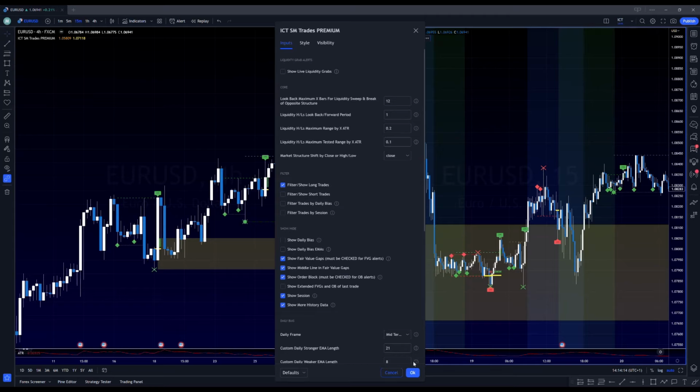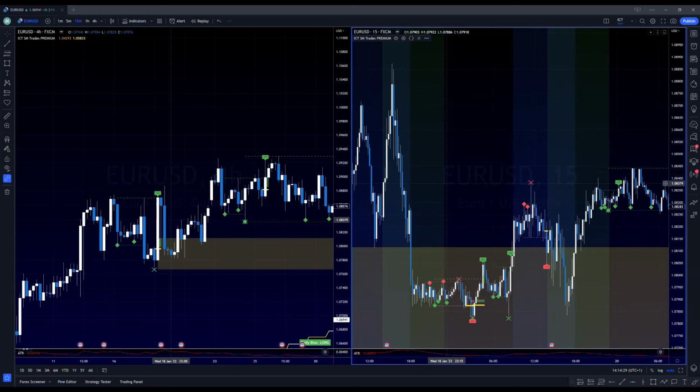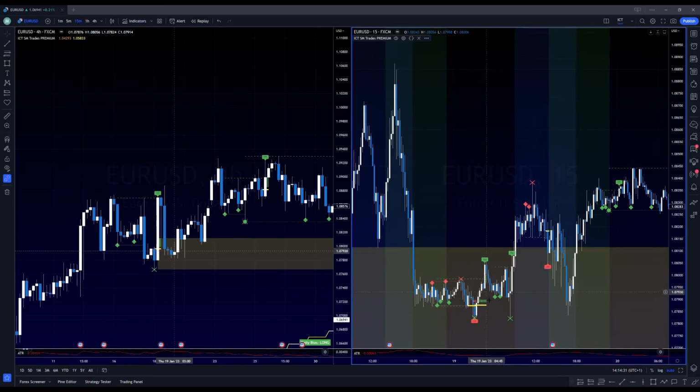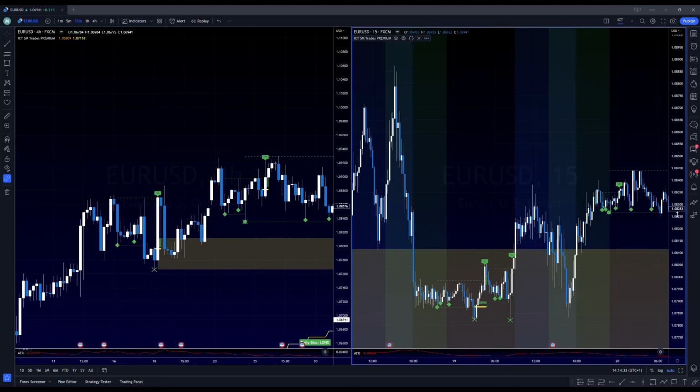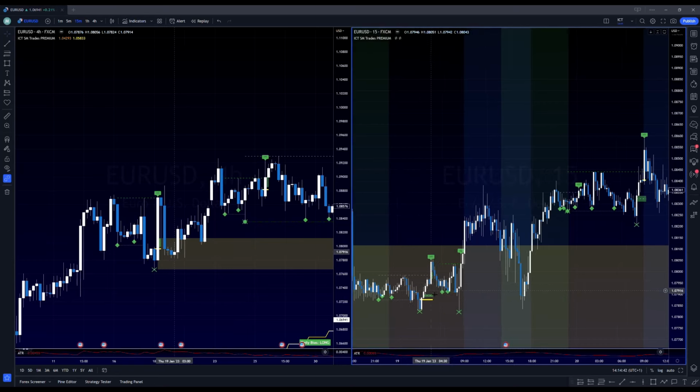I can do it right now, but we have to wait a little because I have the setting show more history data checked, so it will take a little longer, but we can continue in the meantime. So it is finished now. Okay, so this is the first long trade on the 15-minute which we would look into.